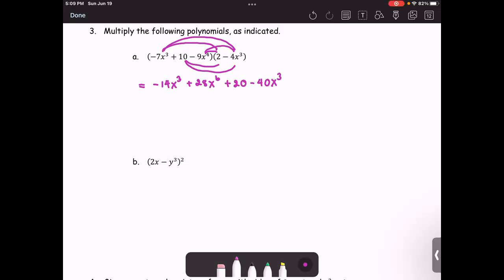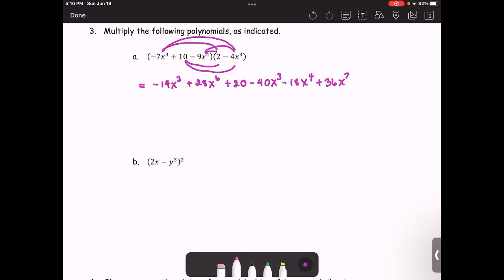And then the last products are negative 9 x to the fourth times 2, or negative 18 x to the fourth, and negative 9 x to the fourth times negative 4 x to the third, which becomes positive 36 times x to the 7.